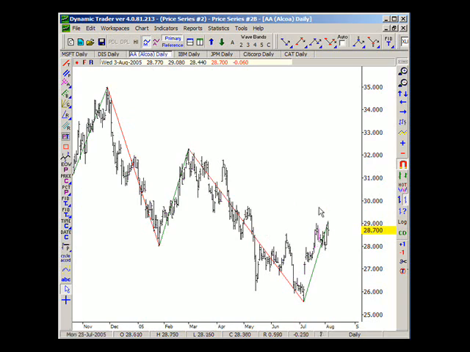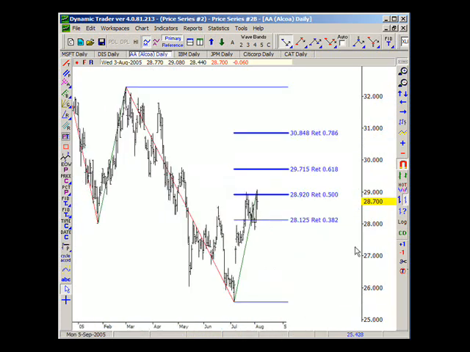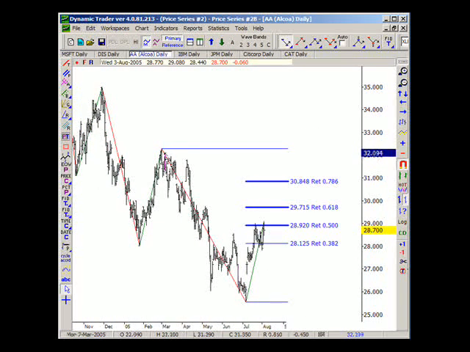And let's look for what would be the high probability retracement to complete a correction and then continue on with the bear trend. So we put our retracements on from the high to the low. And as of the last bar on the chart, it's reached the 50% retracement. Well, should that be the end of the correction?